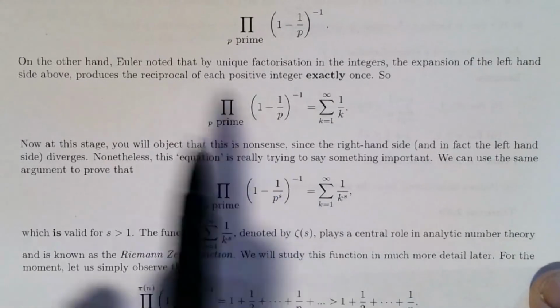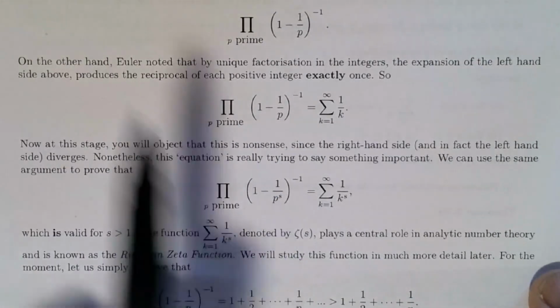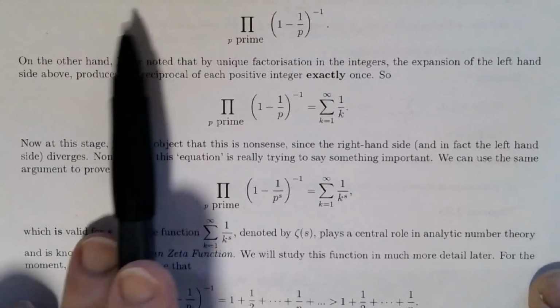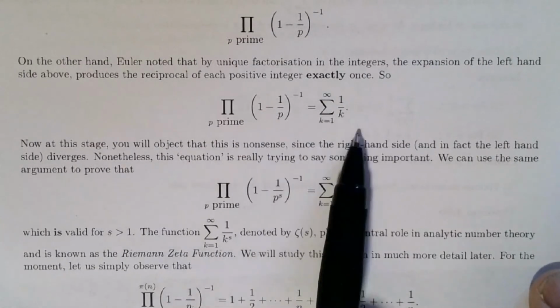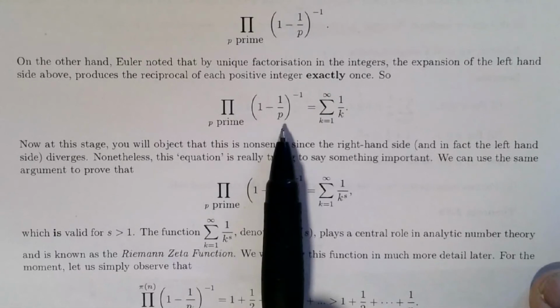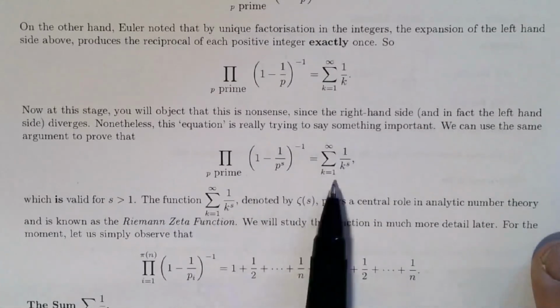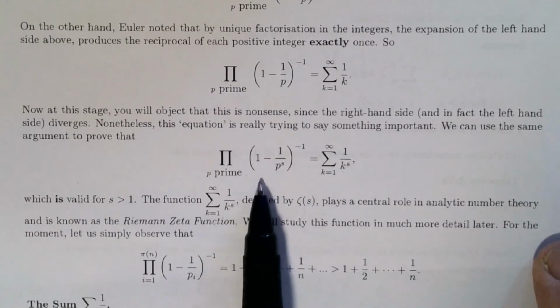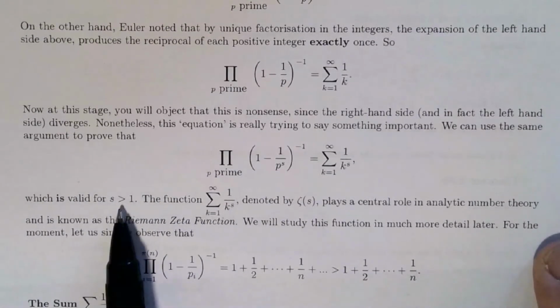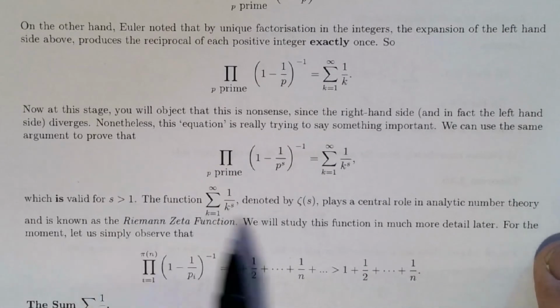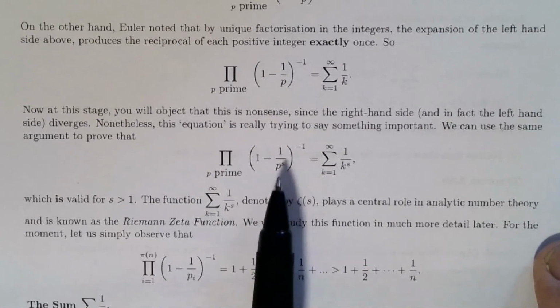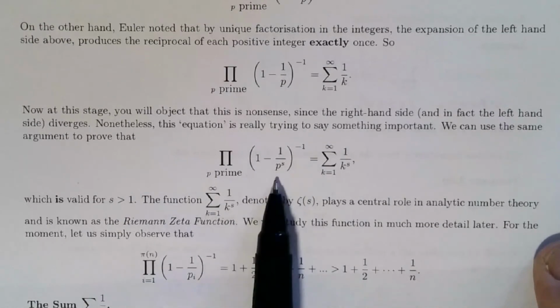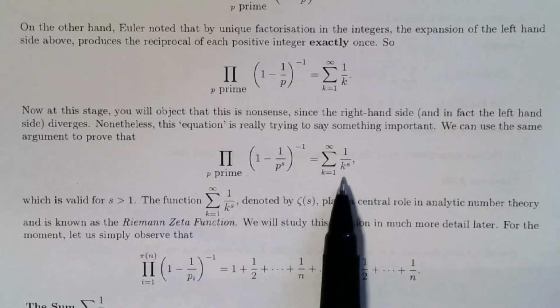If you do the same calculations, in a rather dodgy way, with p replaced by p to the s, then you get this famous identity here, which is called the Euler product, and this is valid provided s is bigger than 1. So this gives us an amazing connection between the primes and this strange looking infinite series here.